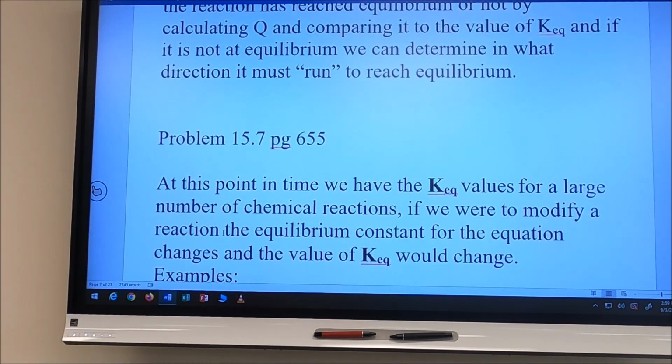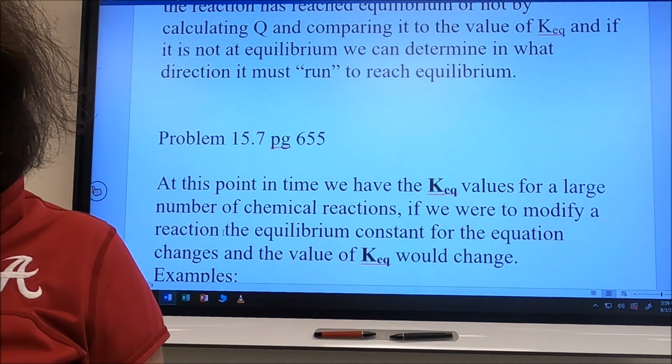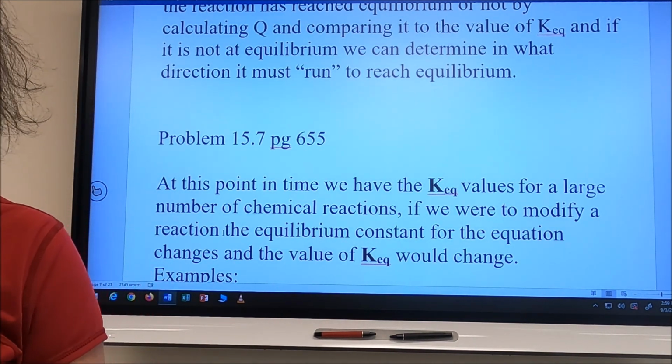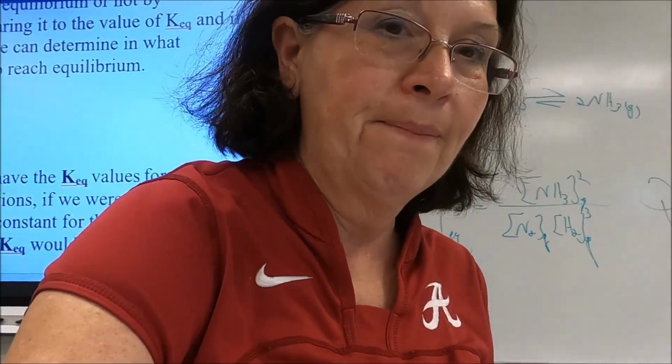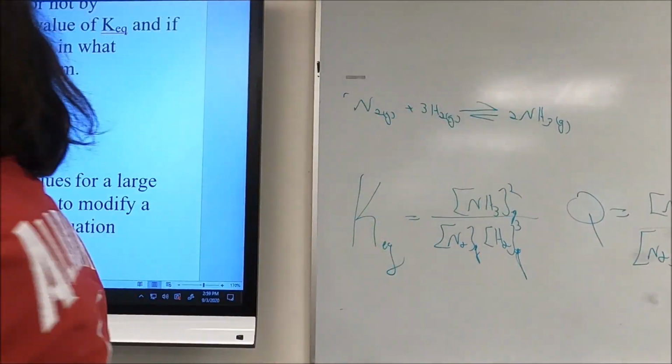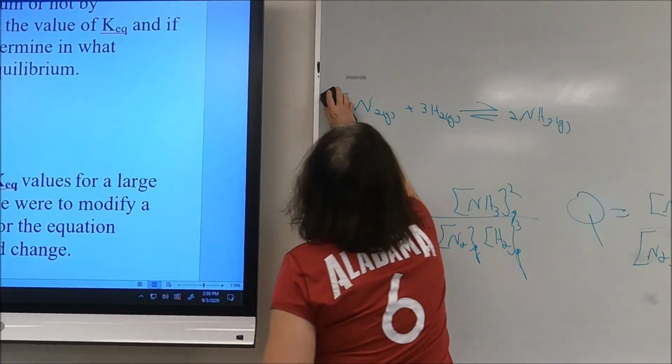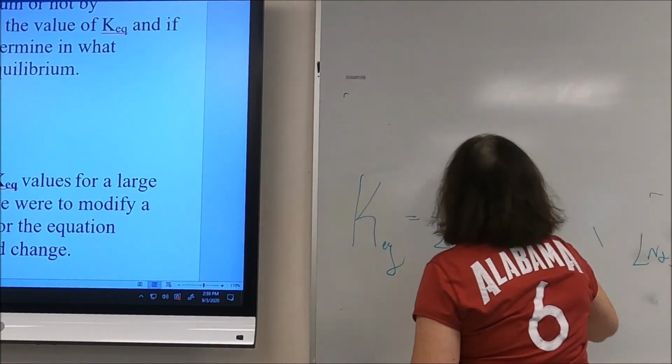So we're going to look at problem 15.7 on page 655 in your textbook. Okay, let me read it to you. The problem says, consider the reaction and its equilibrium constant. So let's scoot over here. I am going to work the problem. Let me get the board clean.